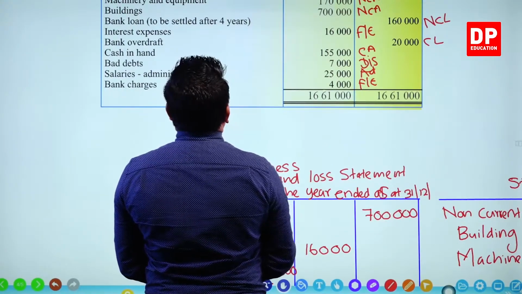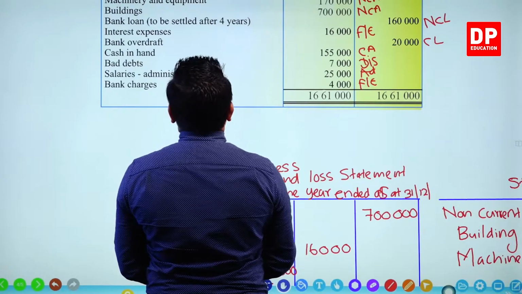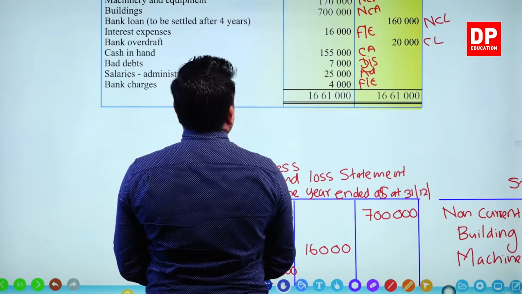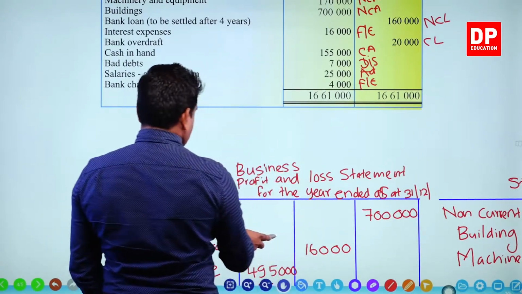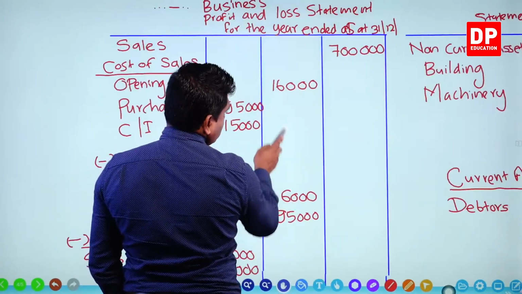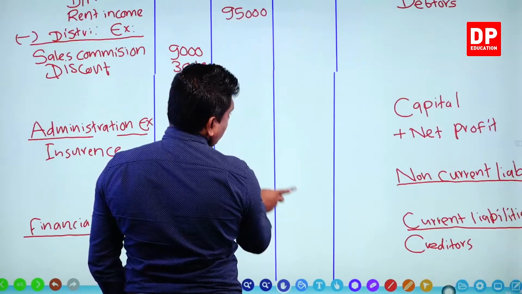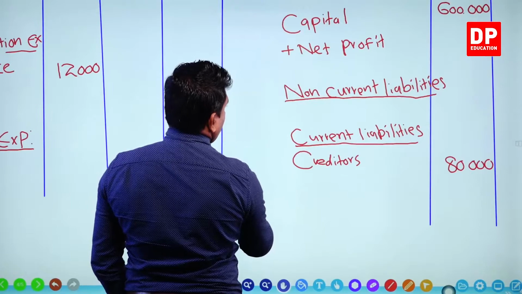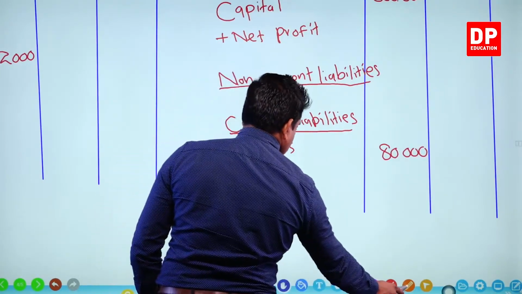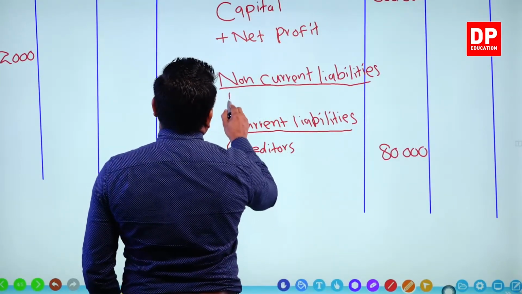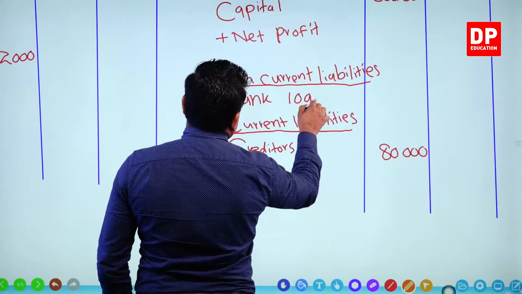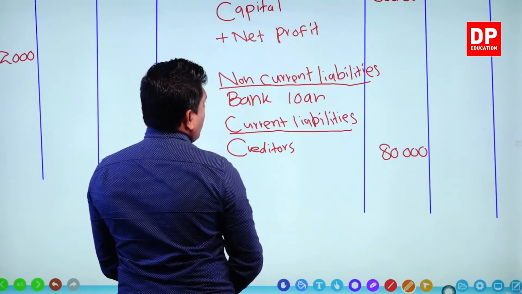Bank loan 160,000. Interest expense 16,000. Bank loan 160,000.